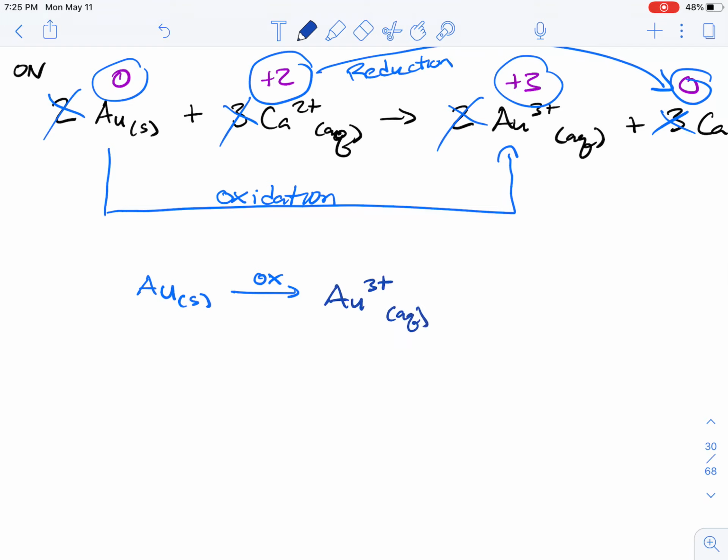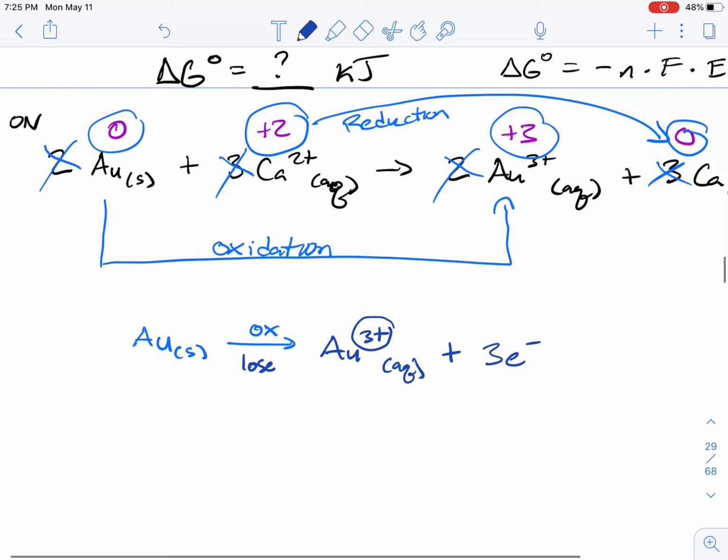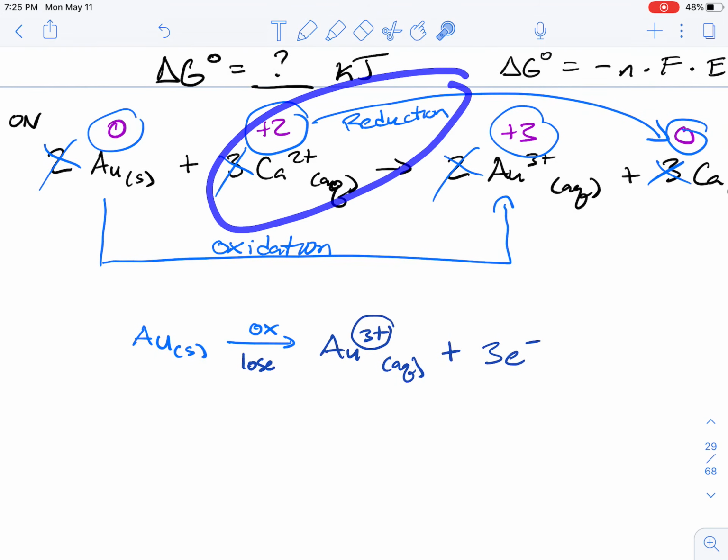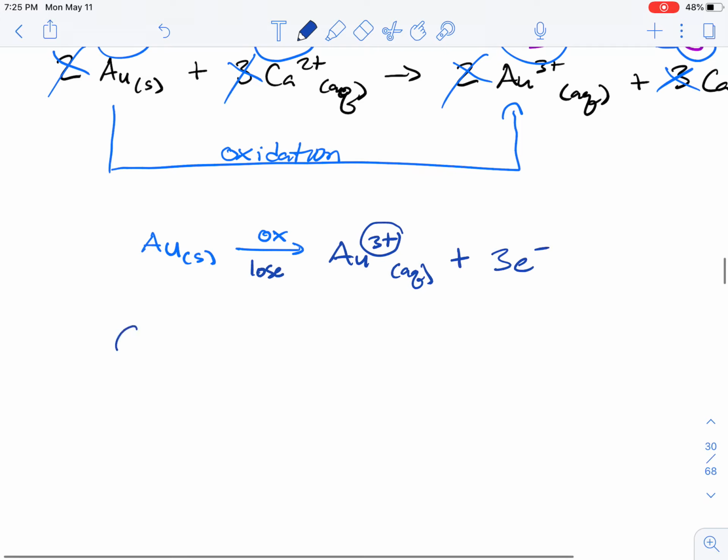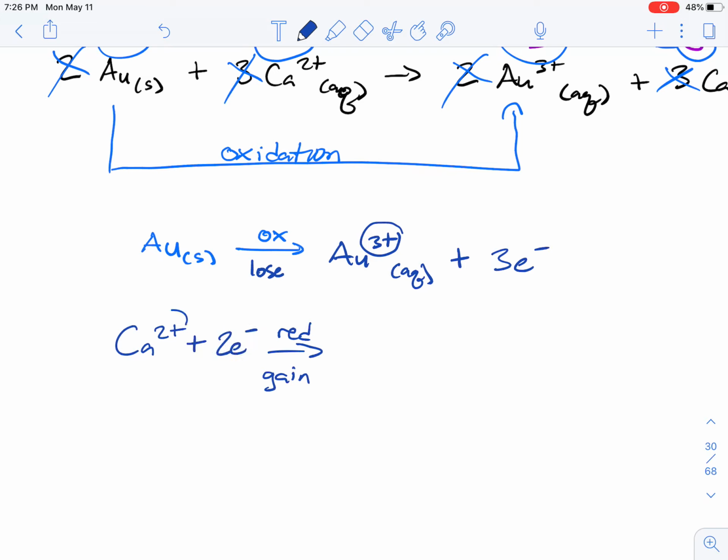And so since I'm losing electrons, for me to get positive 3, I have to lose 3 electrons. And so for calcium that's undergoing reduction, I'm going to have calcium 2 plus, and for it to undergo reduction, it needs to gain electrons. So therefore, those electrons are going to be found on the left side of the equation. And so to balance out the charge, I need to gain 2 electrons.